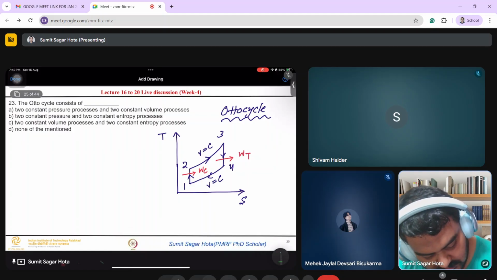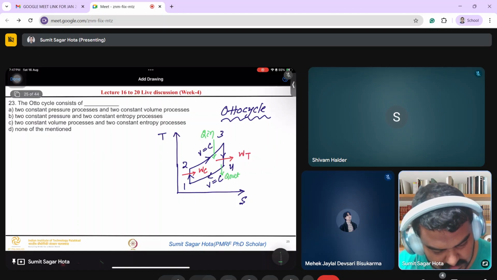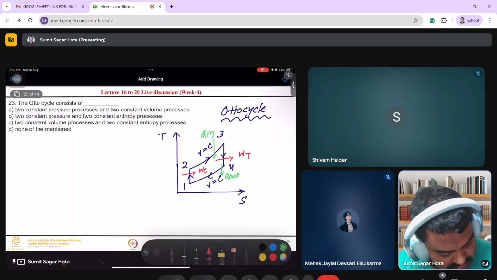And here constant volume heat addition, here constant volume heat rejection. Okay, so this is your Otto cycle.